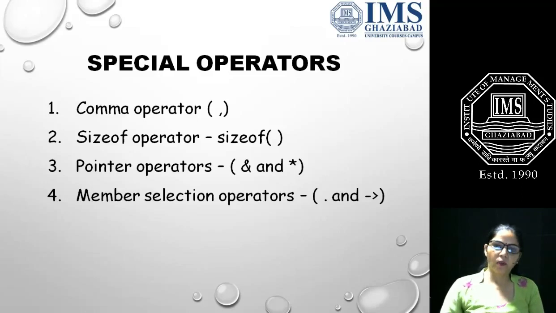Now the pointer operator, the sizeof operator, the comma operator and the member selection operators, that means the special operators, would be taken care of in pointers and in structures where these are required, or in file handling concepts. So these are the various operators that we study in C language.